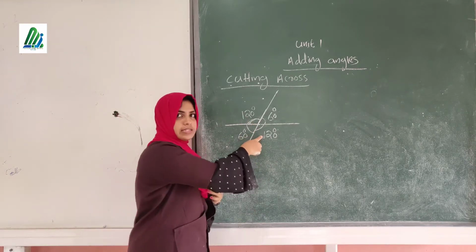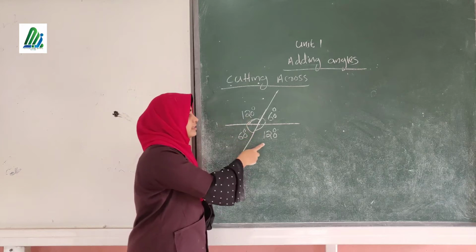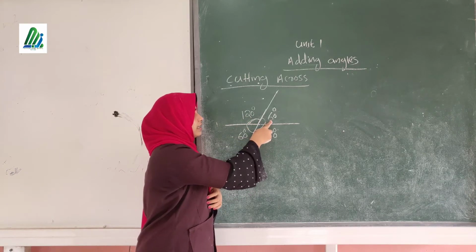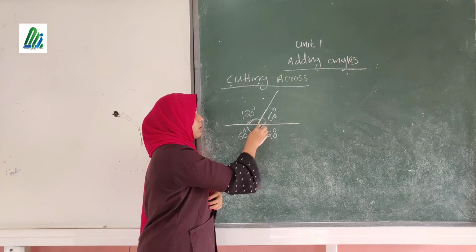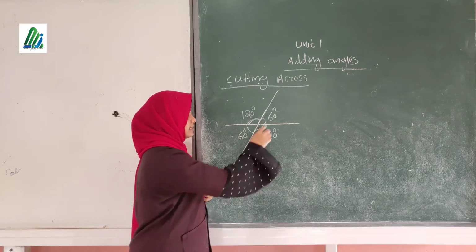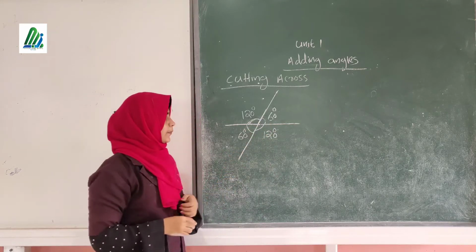Here these are opposite angles, so this is 120 and this also 120, and these are also opposite angles, and this is 60 and this is also 60 degrees.